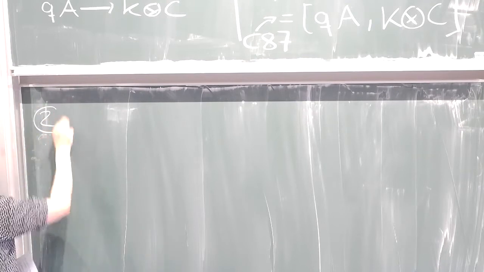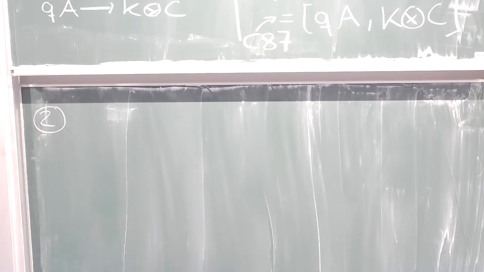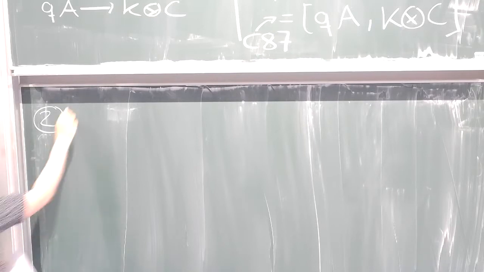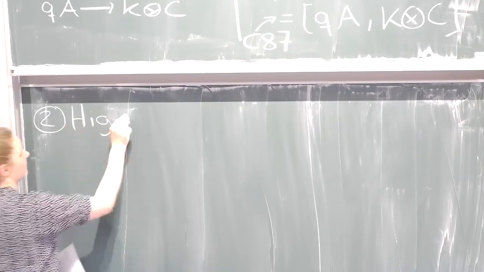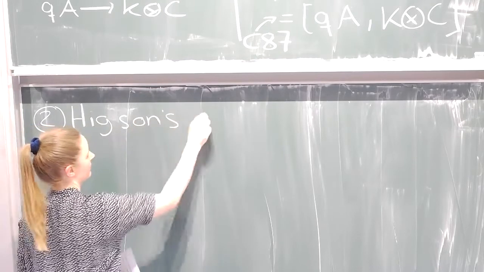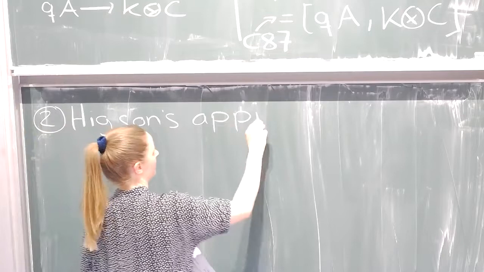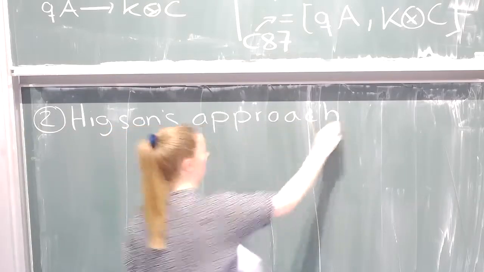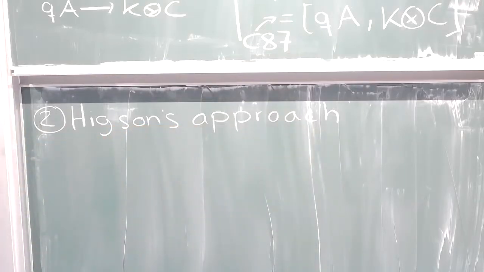So I think I will move on to say a bit about Higson's approach, which uses category theory, and it relies on Cuntz's approach, the quasi-homomorphism picture.